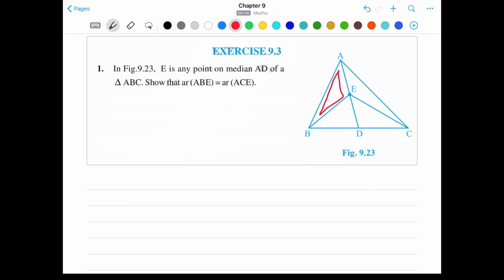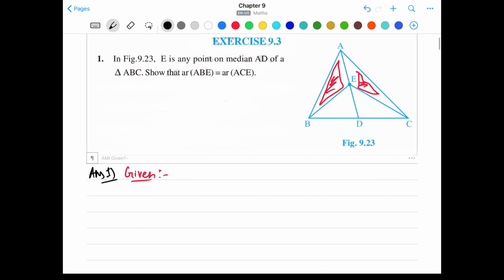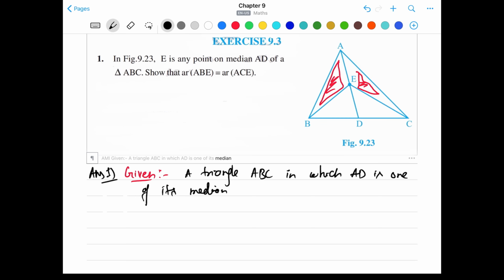First, we'll start by writing the given part. Given here is a triangle ABC in which AD is one of its medians and E is a point on it.